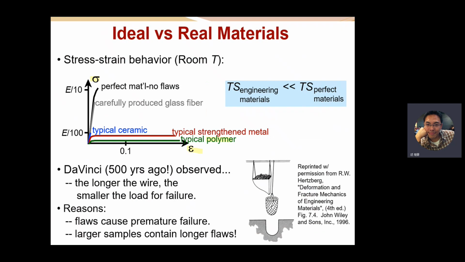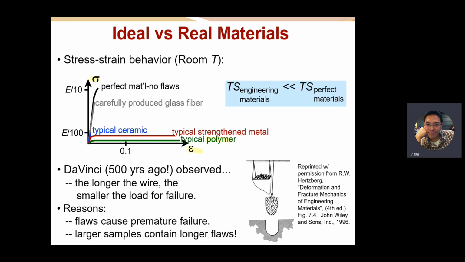So let's compare the ideal and the real materials. Usually the real materials have more flaws or voids or defects inside.